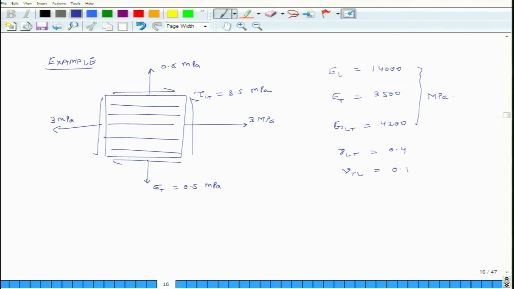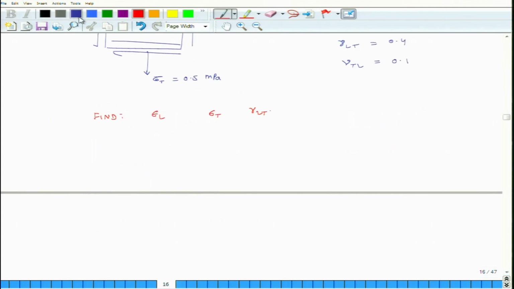So, the question is calculate. So, what do we have to find? We have to find epsilon L, epsilon T, and gamma LT.